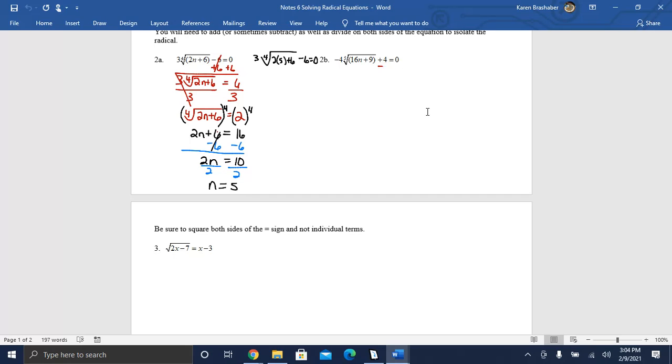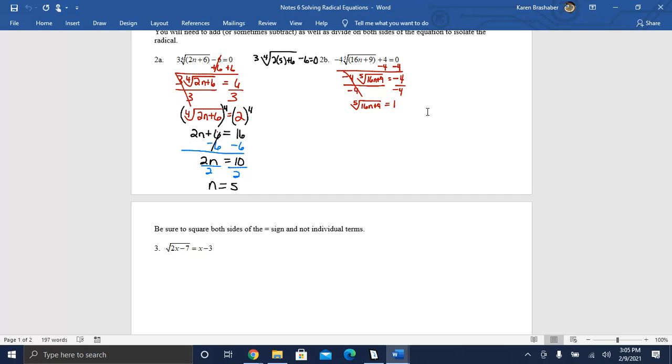So I'm going to minus 4 to both sides of the equal sign, and that'll give me negative 4 times the 5th root of 16n plus 9 equals negative 4. I have this negative 4 outside of the radical, so I'll have to divide both sides by negative 4. So that's canceled. That leaves me with the 5th root of 16n plus 9 equals 1.